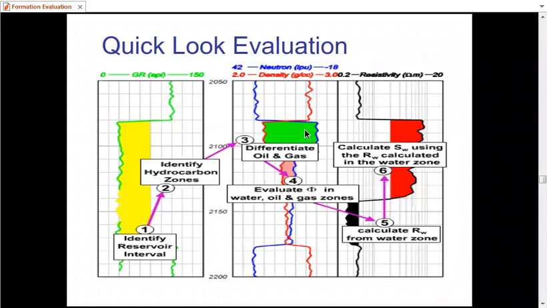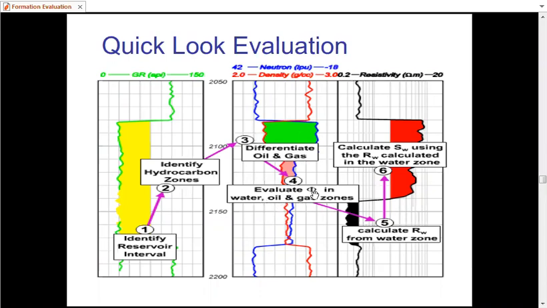And to distinguish between oil and gas, you have to deal with the density neutron log. If you have a great separation and a gap between the neutron and the density log, you will get gas in this area.